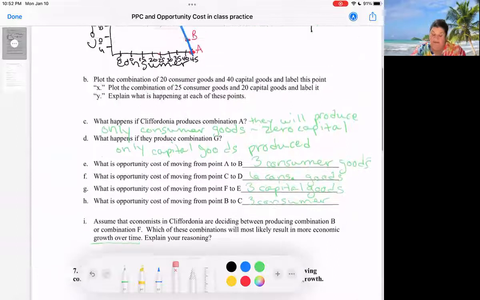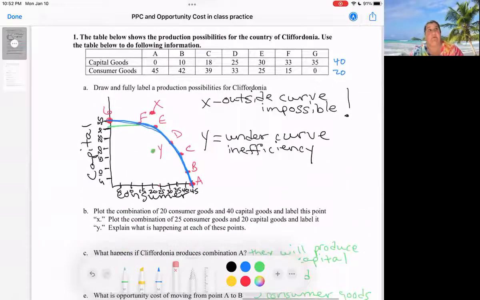What about unemployment? Unemployment would be an example of an inefficient use of resources. What resource? Human capital. We've talked about the fact that labor and human capital are part of the factors of production. And so if we have not enough people employed in the marketplace, then that is another example of inefficiency, because we're not using our labor resource to its fullest potential, because there's a lot of people that don't have jobs.